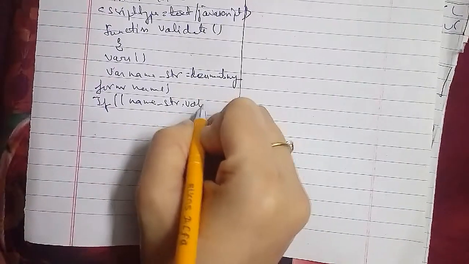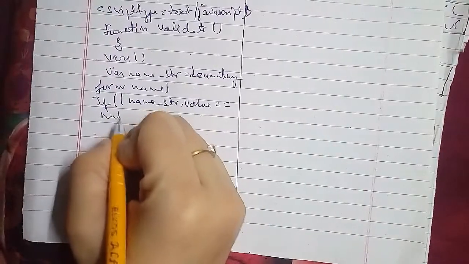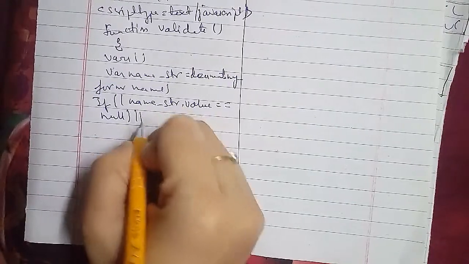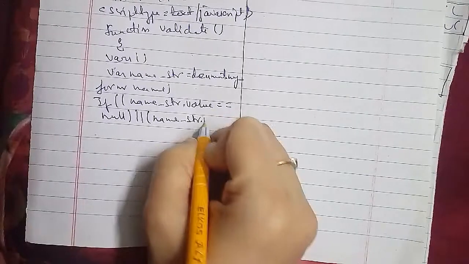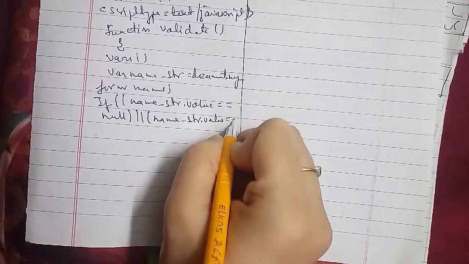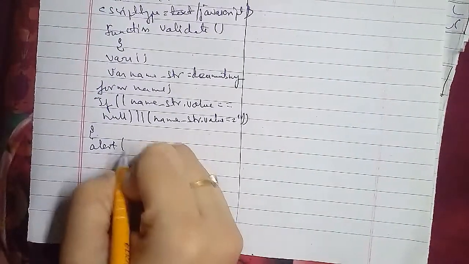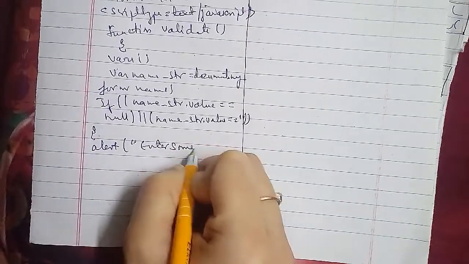After that, form name equals to myform, on submit equals to validate, then strong name and nbsp, as I told you about this.